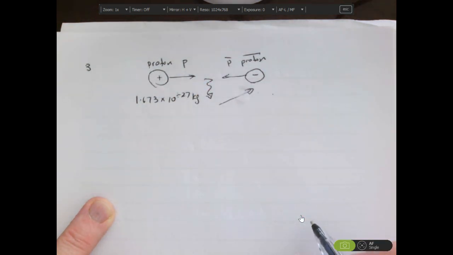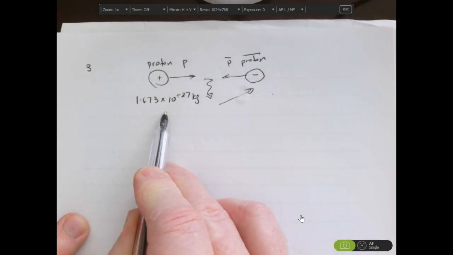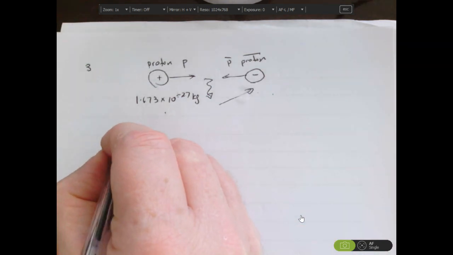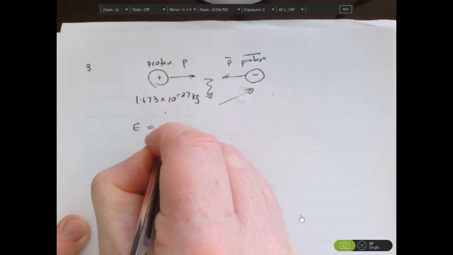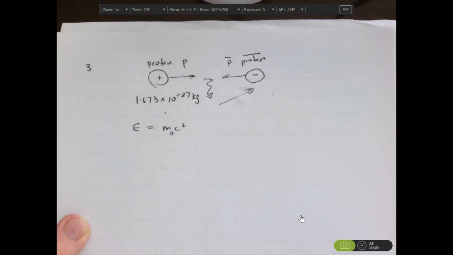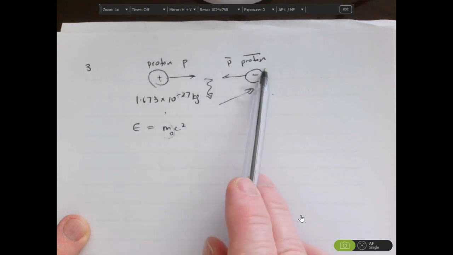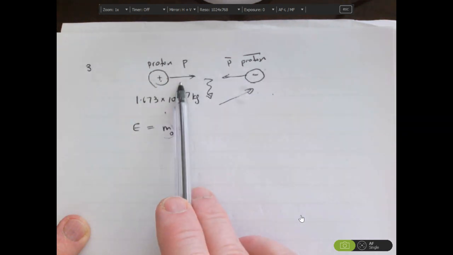So the amount of mass that is going to be converted into pure energy is going to be 2 lots of this value here. So what is the energy equivalent? The energy equivalent is given by mc squared, and we now know that that should be m0 c squared. This is the rest mass of these, and we are going to assume that these two protons are meeting at very low speeds.